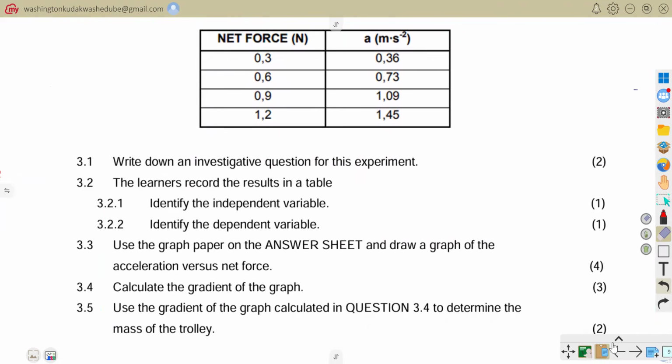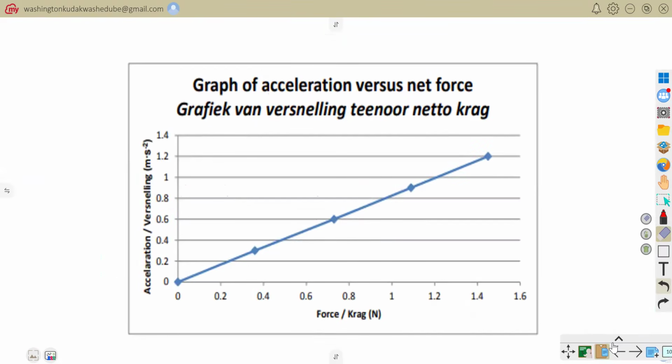So maybe I would want you to see the graph that was drawn from the given answer script that we had, which is our memorandum. So this is exactly what they were expecting you to do with the graph that they had given you. So you can see that it is simply the same thing.